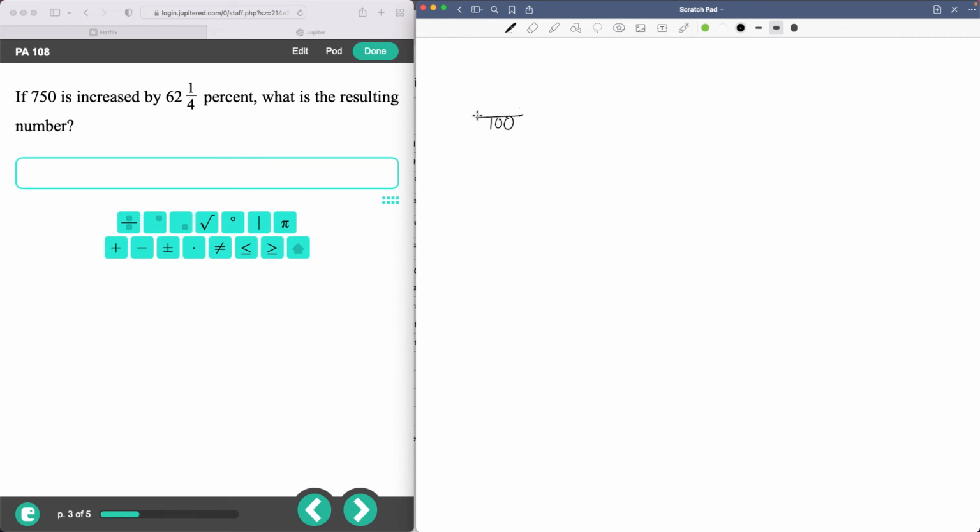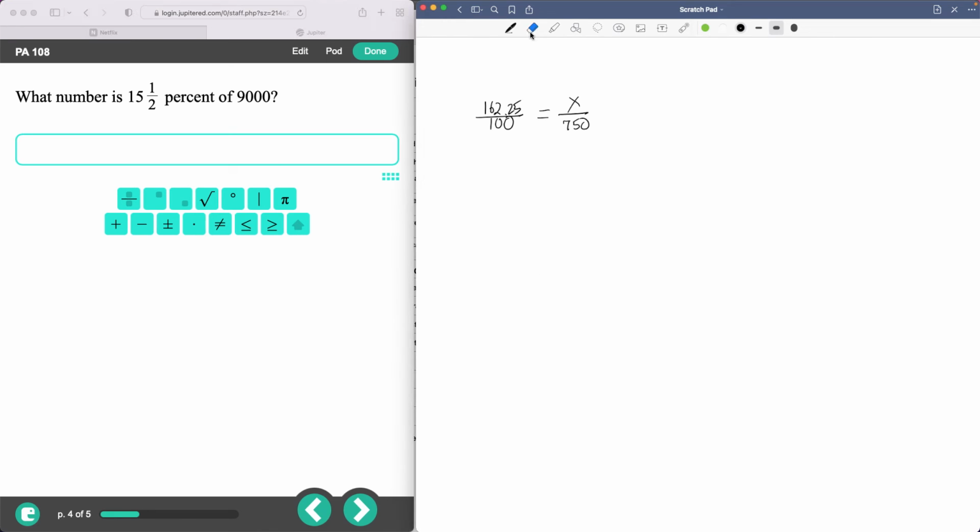The new percent is going to be this 100% plus this because we're increasing it. So that would be 162.25%. That's the new amount. This is the original amount. That's 100%. So 750 would go here, and we don't know what the new number is, so you would cross multiply to solve that.